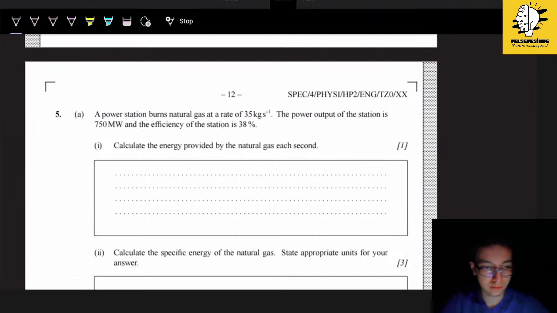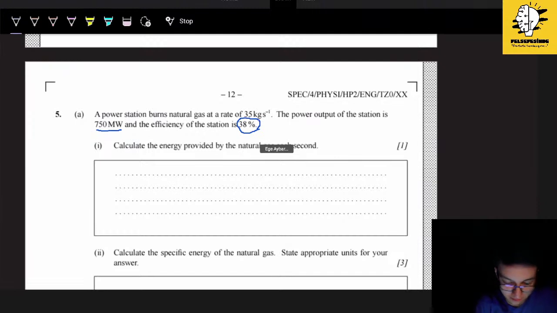Okay, IB does its little tricks again. It has given us the power output of the station, but it is the power output after we take the efficiency. I mean, the energy provided needs to be more.